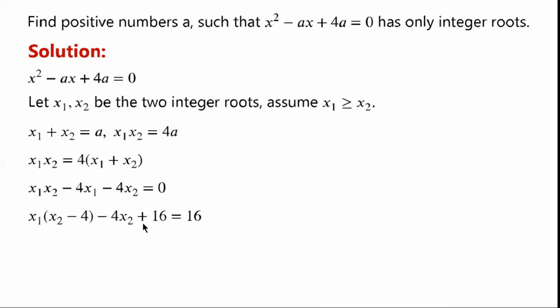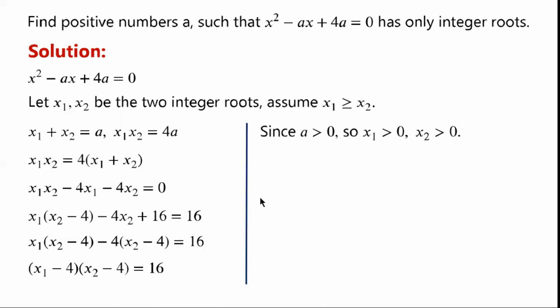We also add 16 to both sides of the equation, so that minus 4x2 plus 16 also has a factor x2 minus 4, and we can now write minus 4 times (x2 minus 4). So the left-hand side of the equation can now be written as (x1 minus 4) times (x2 minus 4).